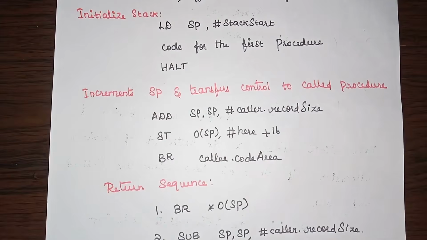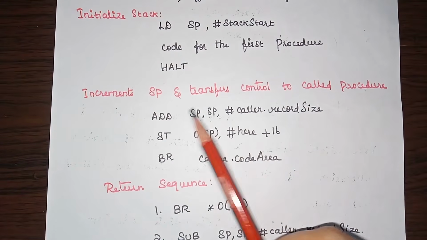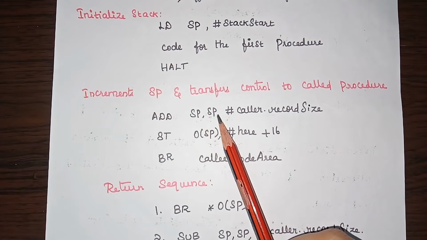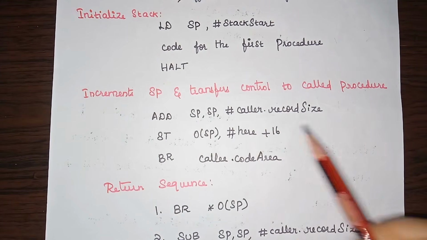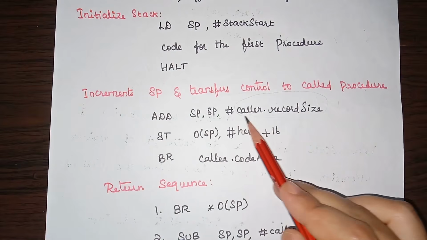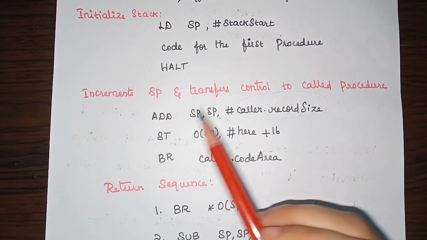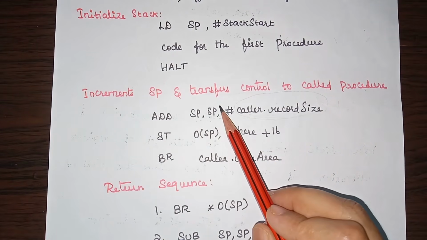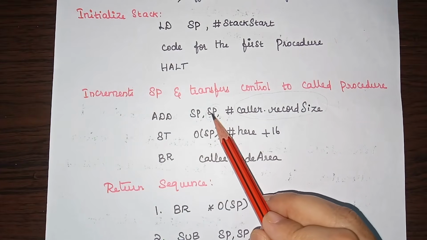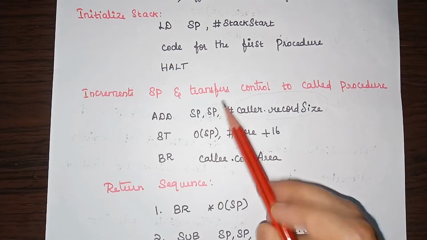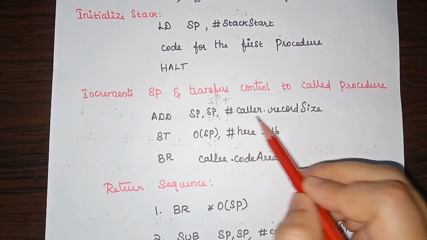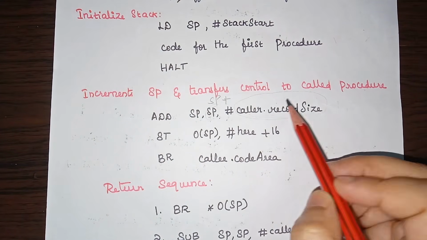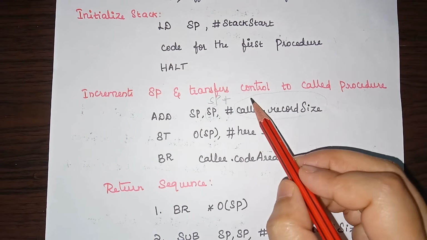The first instruction is add sp, that is the stack pointer, stack pointer hash caller dot record size. So based on the size of the activation record, the stack pointer value is getting incremented, that is the stack pointer plus the size of the activation record.